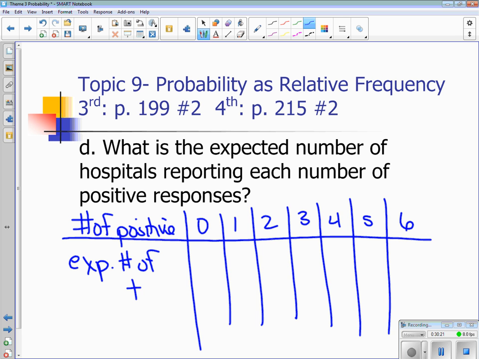So what you're going to do is take the probability you just found, so 0.001 for this case, and multiply it times the 125 hospitals. And so I got 0.125 here. So the next probability is 0.016. Multiply that by the number of hospitals. And you got 2. And so forth.